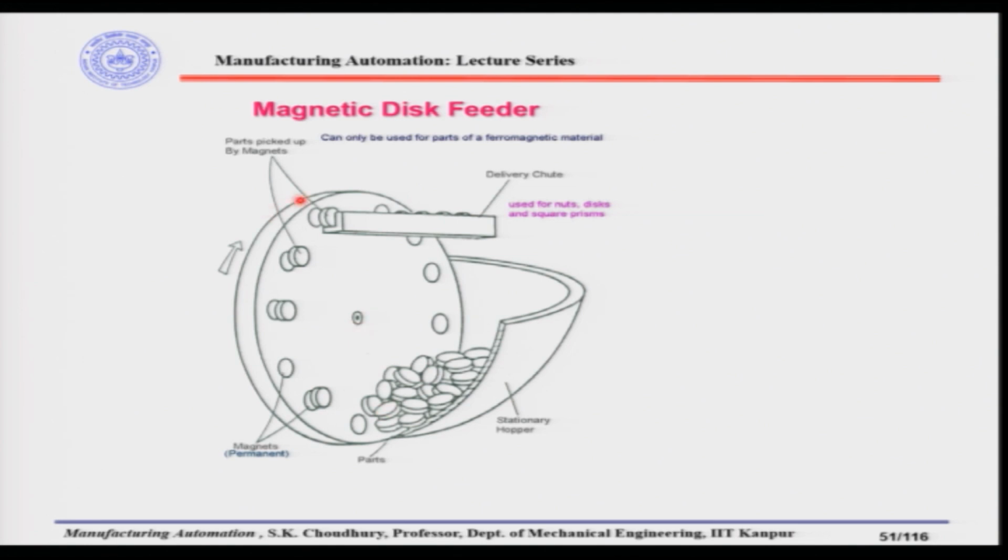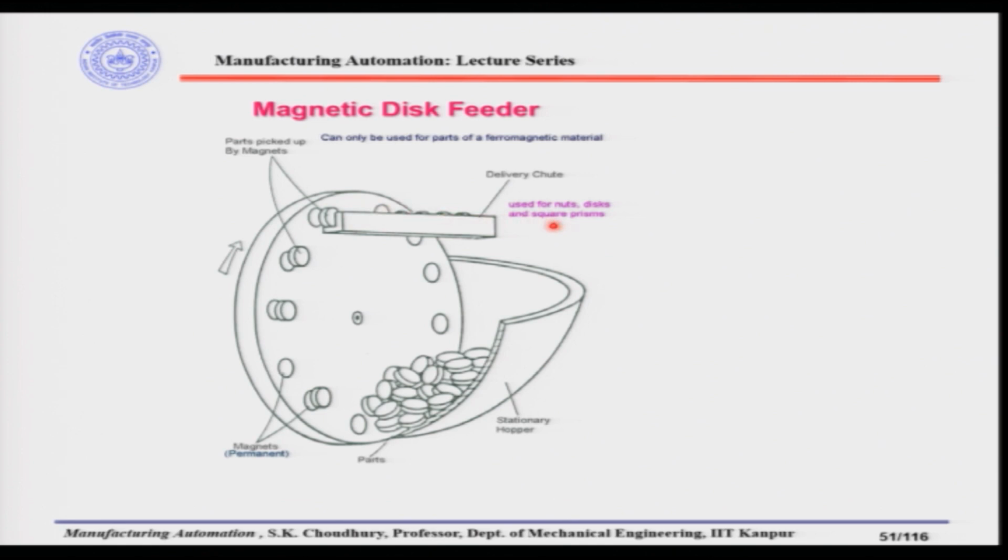While rotating, the permanent magnets stick to the ferromagnetic parts and raise them, and here there is a stripper, and this stripper will strip the parts and the parts will be delivered through the delivery chute.